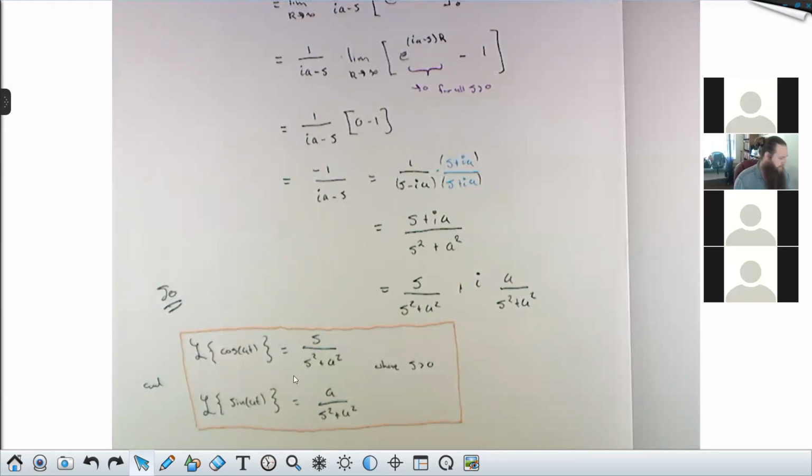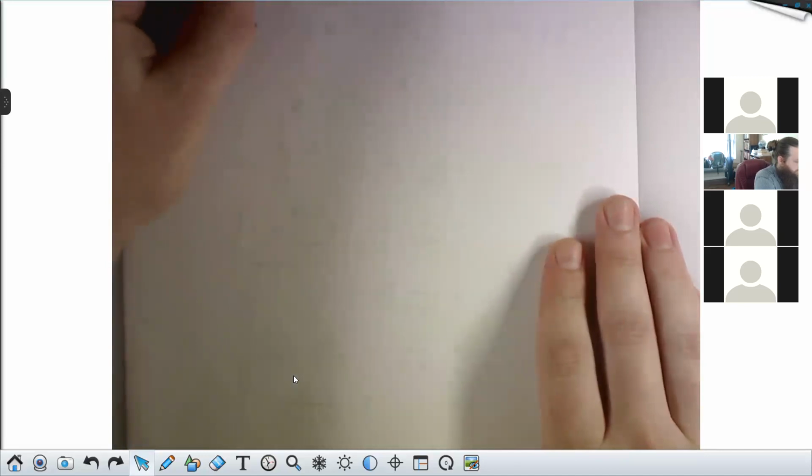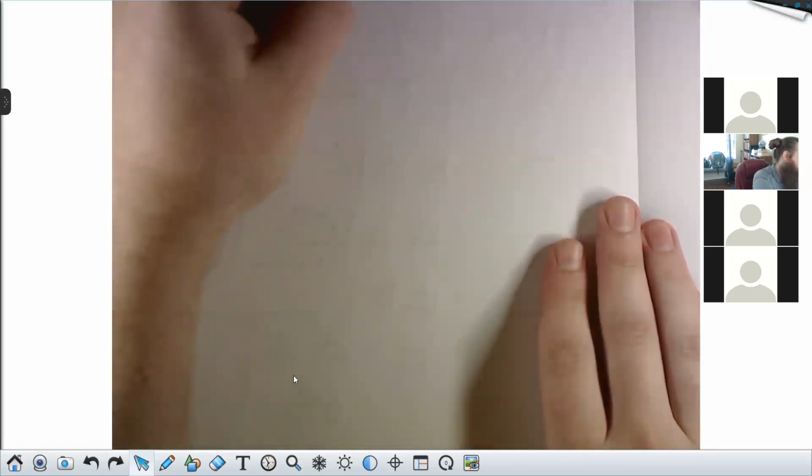Okay, before we move on to the growth condition, there's one other thing I want to say. If your function is defined piecewise, you all remember how to integrate piecewise functions, right? Laplace transforms, one more thing: piecewise functions.